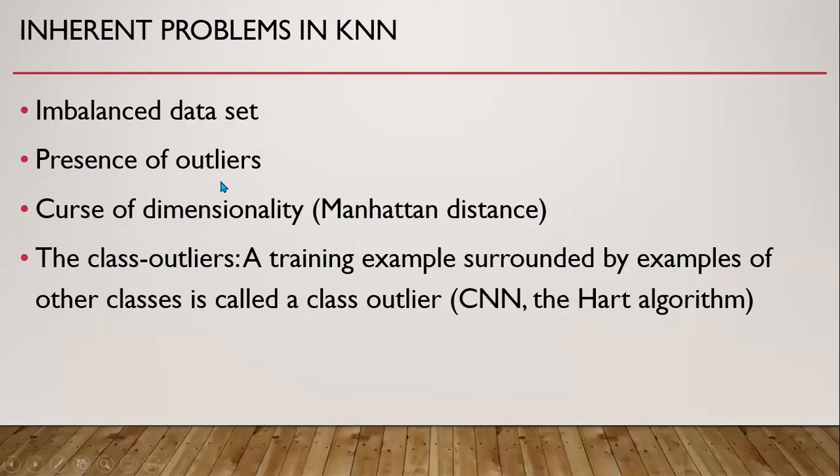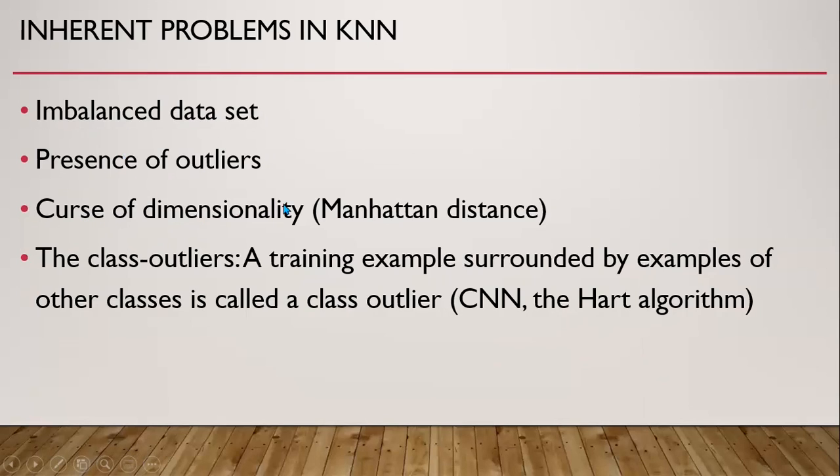Now, what are the inherent problems in k nearest neighbor? If there is a highly imbalanced data set, then the majority voting will point towards the most common class of the data set. So there is a problem. The other problem is the presence of outliers, and the third is the curse of dimensionality.